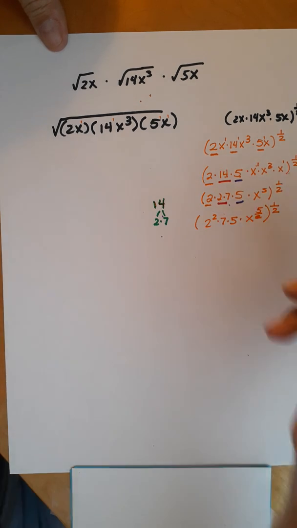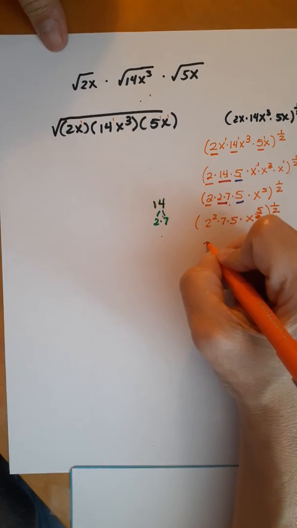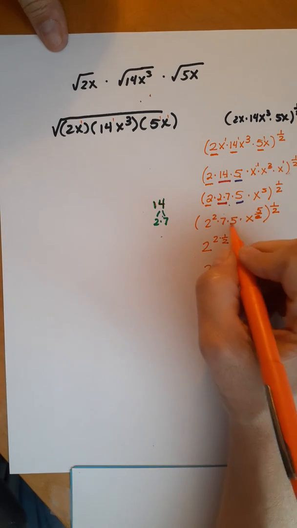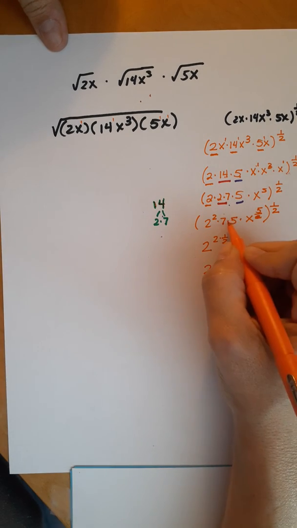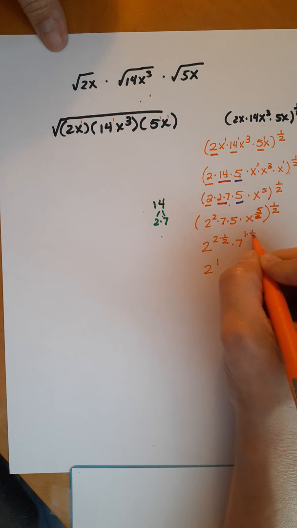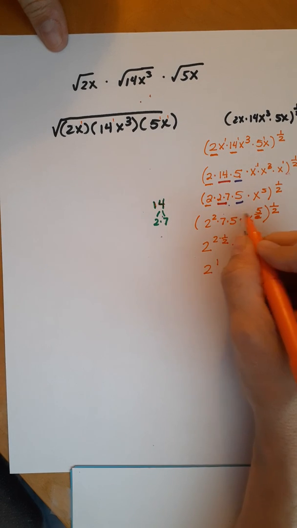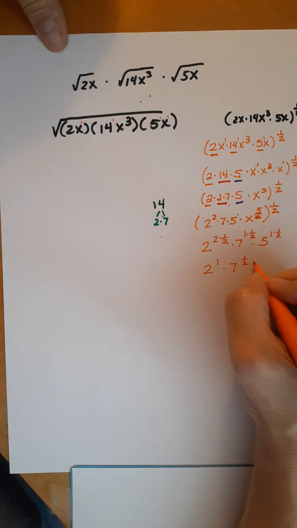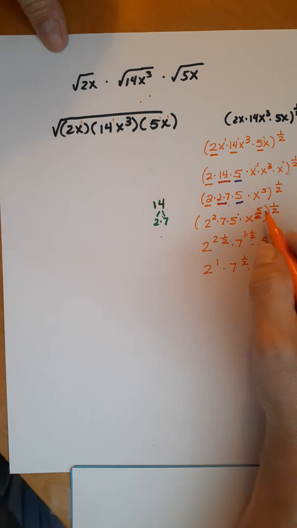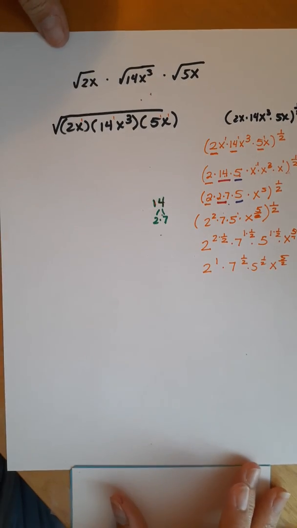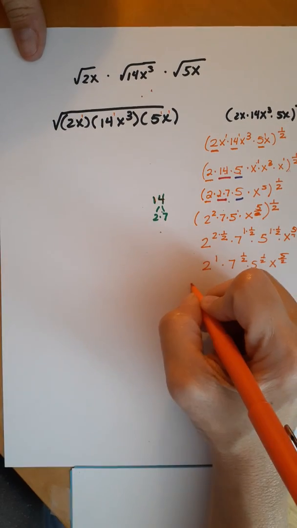Now we're going to multiply this out. 2 times 1/2 gives 2 to the 1. 7 to the 1 times 1/2 gives 7 to the 1/2. 5 to the 1/2. And x: 5 times 1/2, which is 5 over 2.